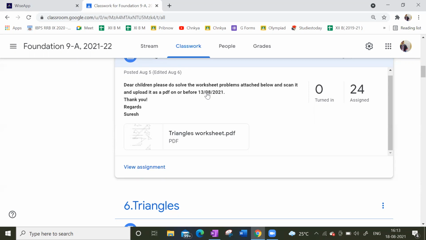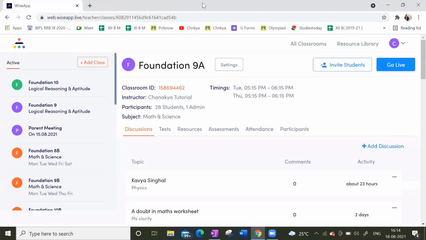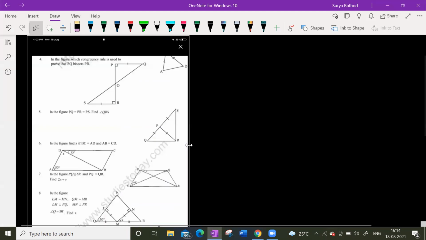Did you guys finish your homework? Tell me. See, no one has submitted the worksheet here. None of the children have submitted. Zero members.